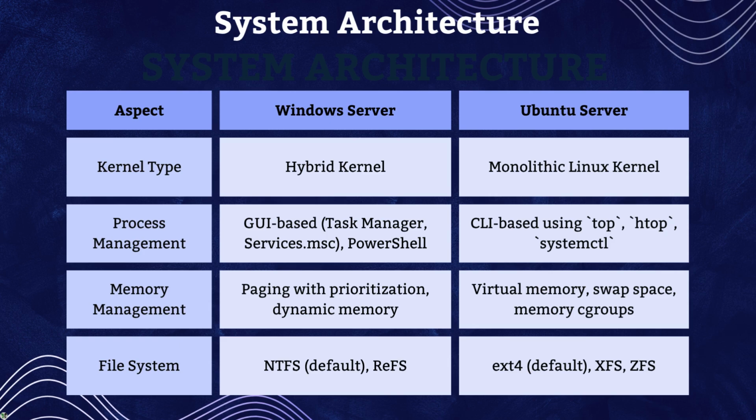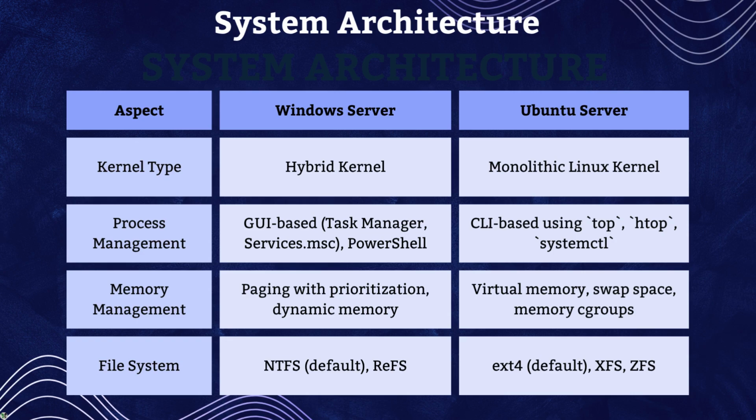In memory management, Windows Server uses paging with prioritization and dynamic memory, while Ubuntu Server uses virtual memory, swap space, and memory cgroups for flexible resource allocation. Finally, the file system. Windows Server defaults to NTFS and supports ReFS.